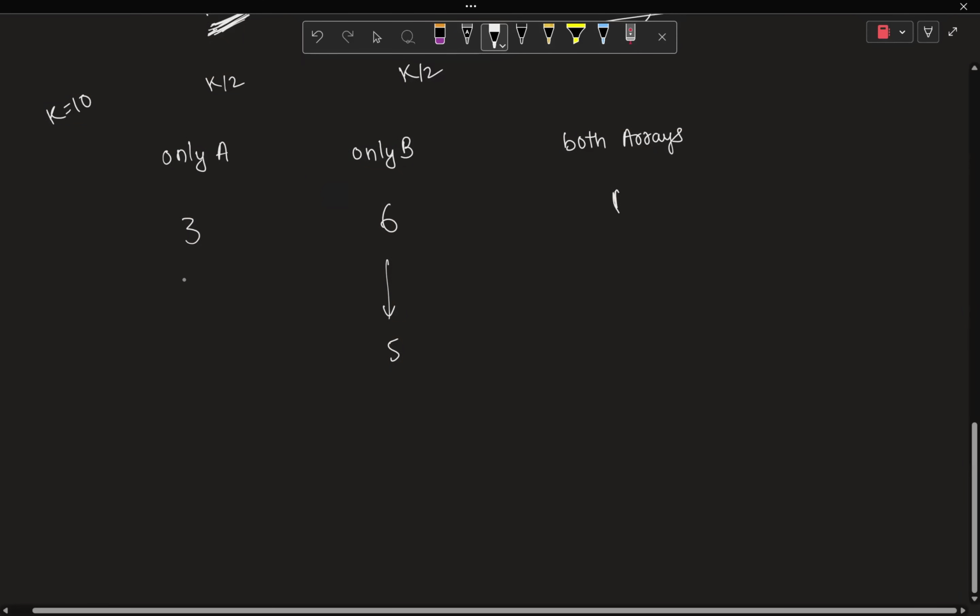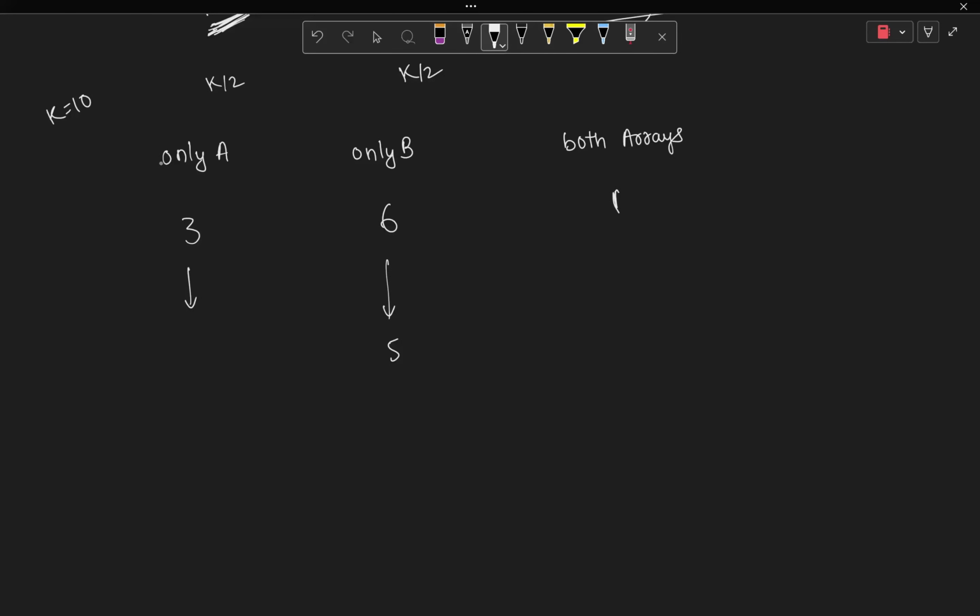Then from the array A, I can pick up the 3 elements which are coming up only in array A, and there is one element which is coming up in both of them, so I can pick up that one as well. And I will be able to pick up only 4 elements from the array A and 5 elements from array B. So I was able to pick up only 9 elements, right? Which means that I was not able to pick up all the elements from 1 to k. Yeah.